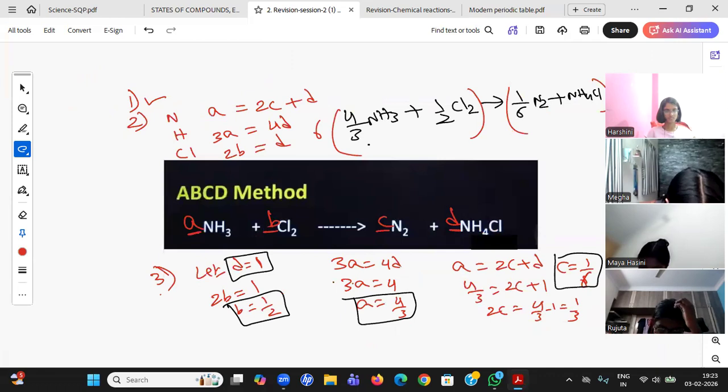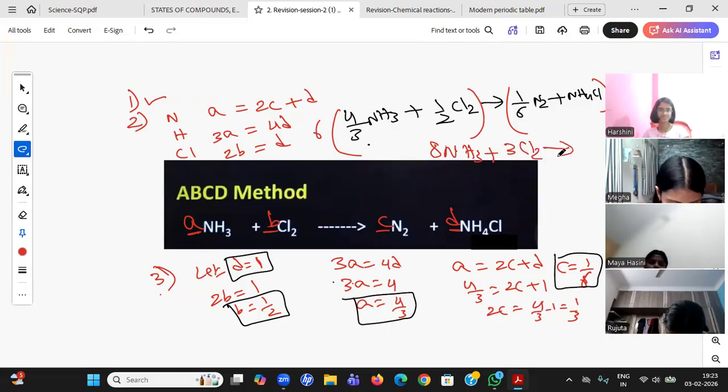So my final answer will be 8 NH3 plus 3 Cl2 gives N2 plus 6 NH4Cl. So 8316 should be the answer. Shayan, absolutely right. Maya, absolutely right.